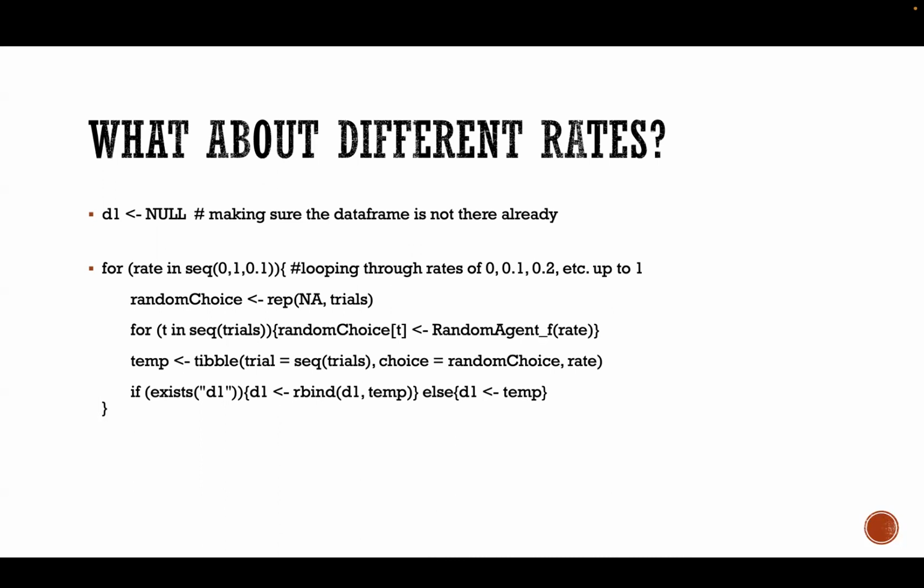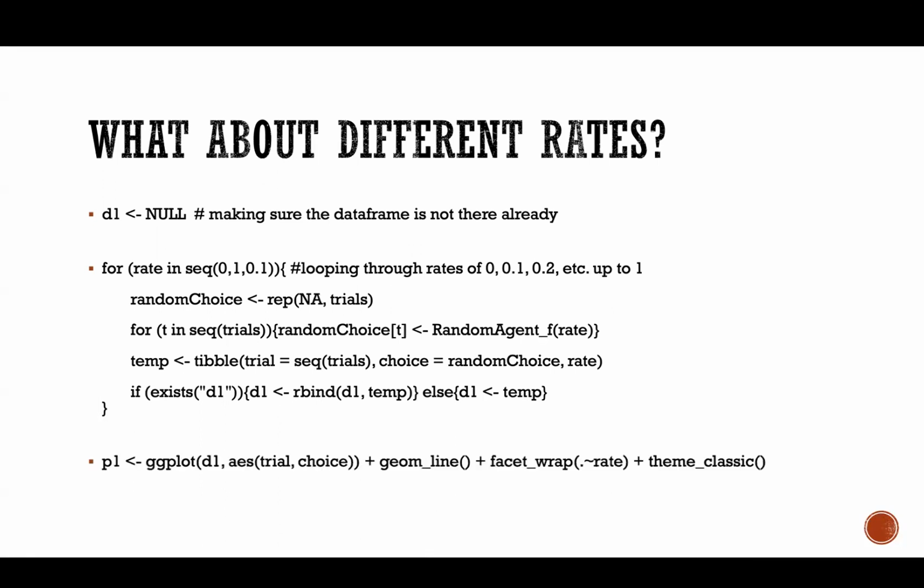And then, again, this is my own way of thinking through that in a pedagogical way. There are better and faster ways of doing that, but this works. If D1 already exists, then bind, so put below D1 the temp. If it doesn't exist, initialize with temp. Then go to the next rate and run it again. Does that make sense?